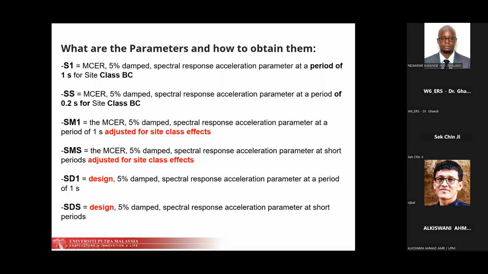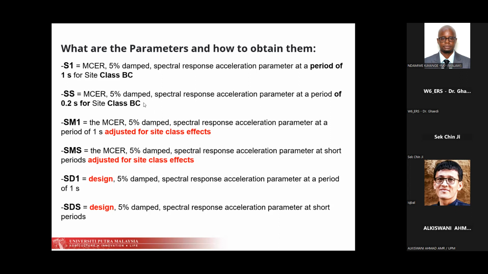So Malaysia will have different values than America, or other parts of the world. So this is a given value. And in order to get SD1 and SDS, we have to go through some calculation.